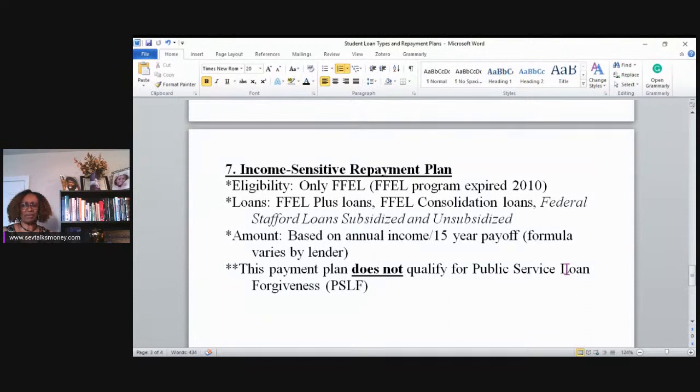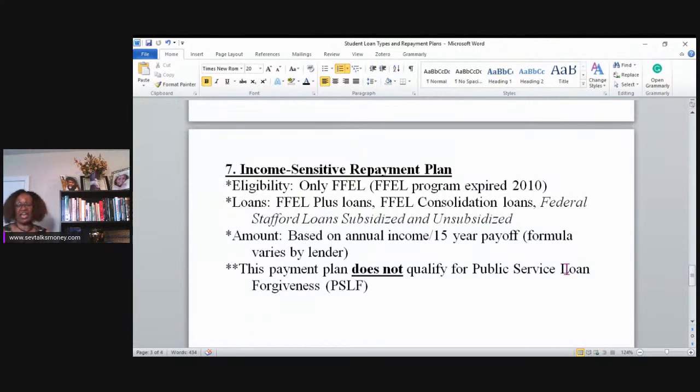The federal family education loan, that was where you would borrow money directly from banks, but it was with the government's sign off, because the government would underwrite those loans, but instead of getting the loans from the government, you're getting the loans from the banks. So that program expired in 2010, and they did not bring it back.